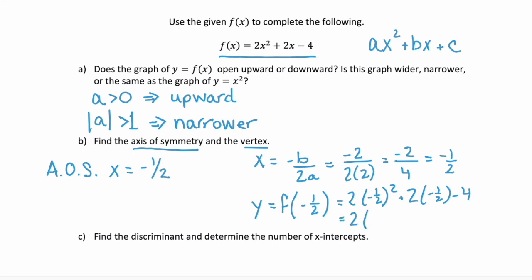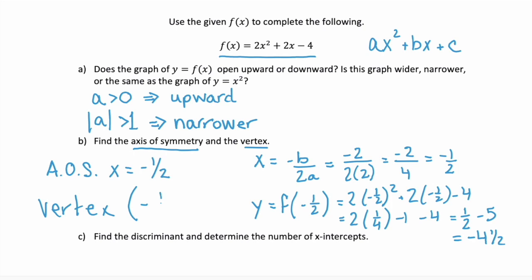This first number is 2 times 1/4, and the second, 2 times negative 1/2, is negative 1, and minus 4. 2 times 1/4 is actually 1/2, so we have 1/2 minus 1 minus 4, or 1/2 minus 5, and that goes to negative 4.5. So our vertex is the point negative 1/2, negative 4 1/2, or my math lab probably wants negative 9/2. So we have the axis of symmetry and we have the vertex.